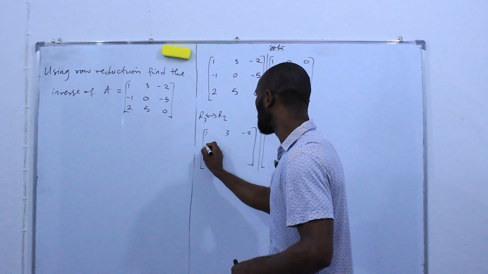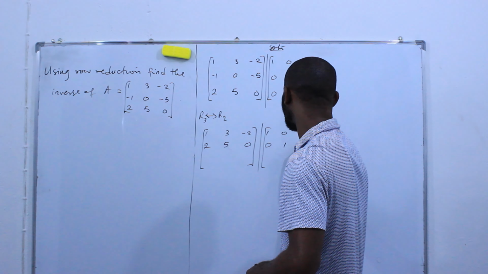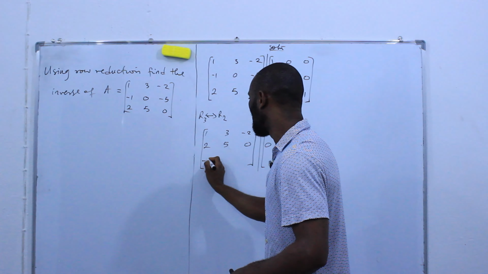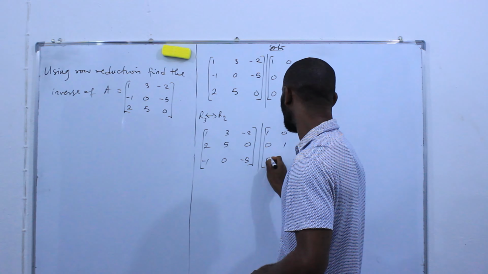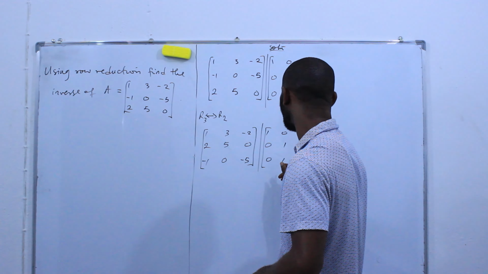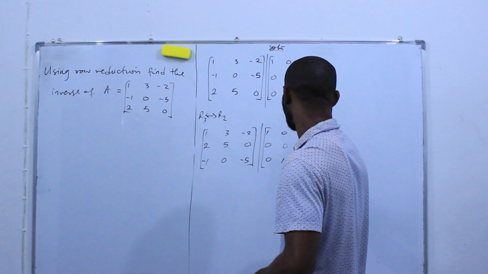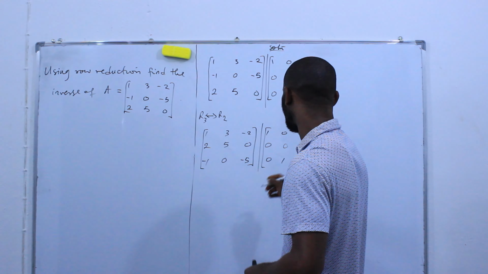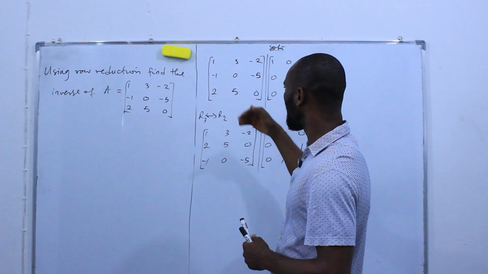And then after the swap, you have 2, 5, 0, 0, 1, 0. Bring this one down, this one goes up. And then this is 0, 1, 0. Okay, so we have swapped row 3 and row 2.